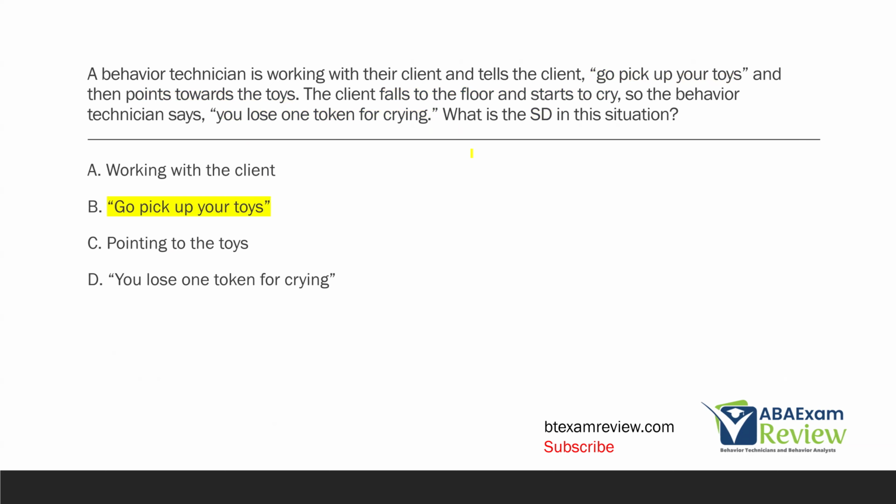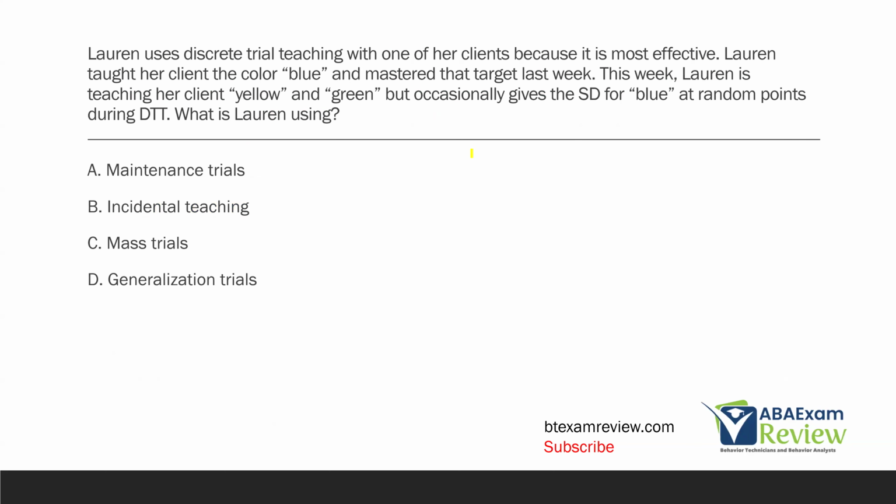So the SD in this situation is B, go pick up your toys. When you get into behavioral questions, we're always trying to identify the antecedents and the consequences, because that's going to tell us what our SDs are, what's our consequence, and if there are any prompts present in our chain. Here, again, the SD is when the technician says, go pick up your toys.